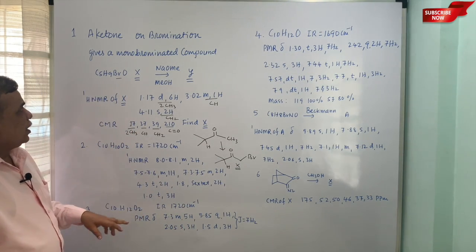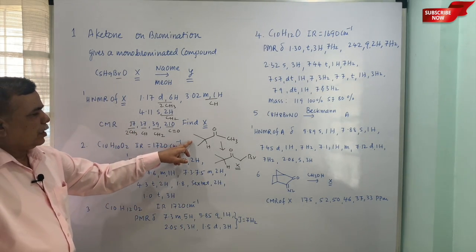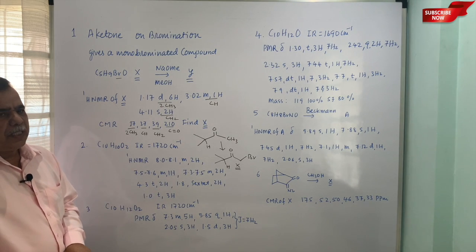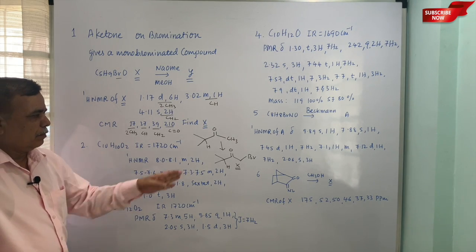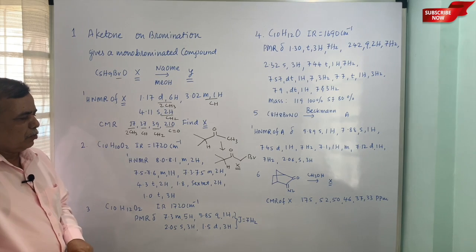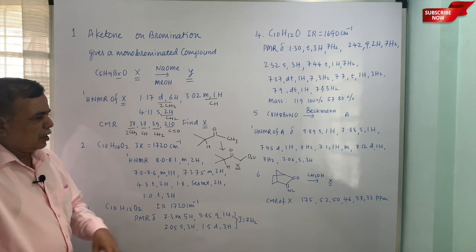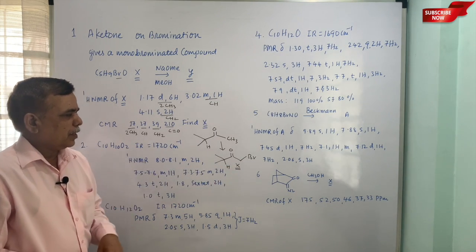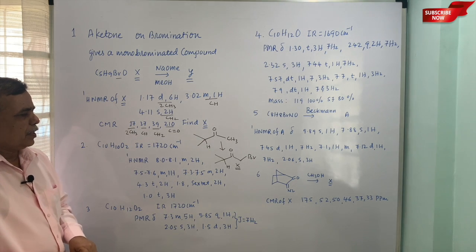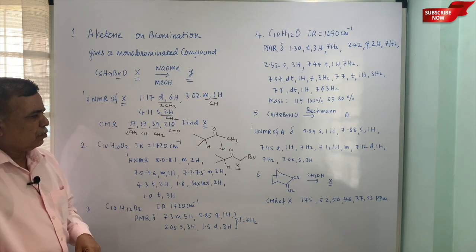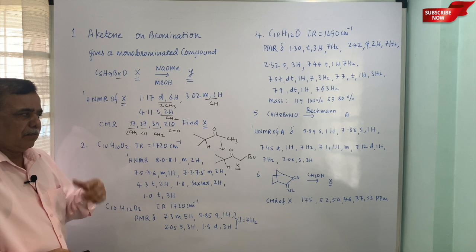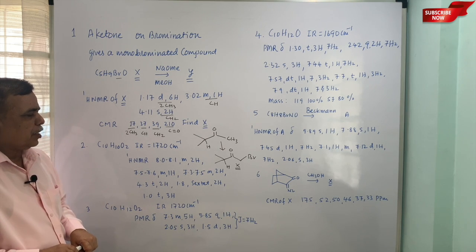Initially we are starting with a ketone, that is isopropyl methyl ketone, which upon bromination gives the monobromo compound. This is the proton which is alpha to the ketone and less hindered, so it will preferentially undergo bromination.